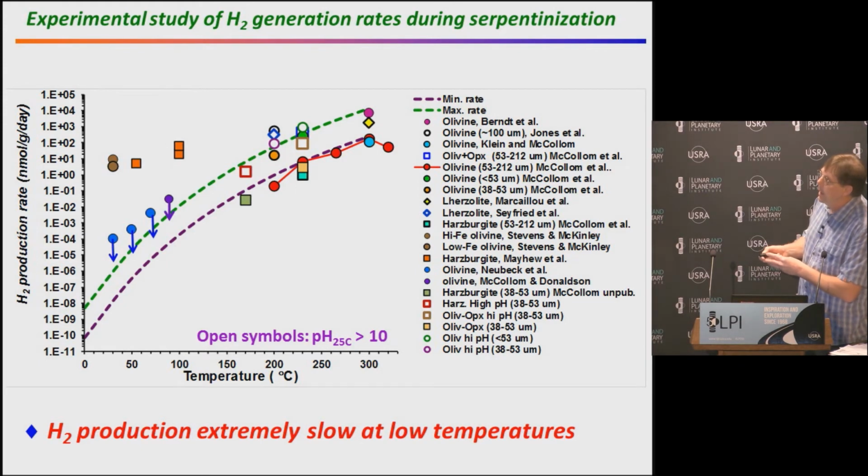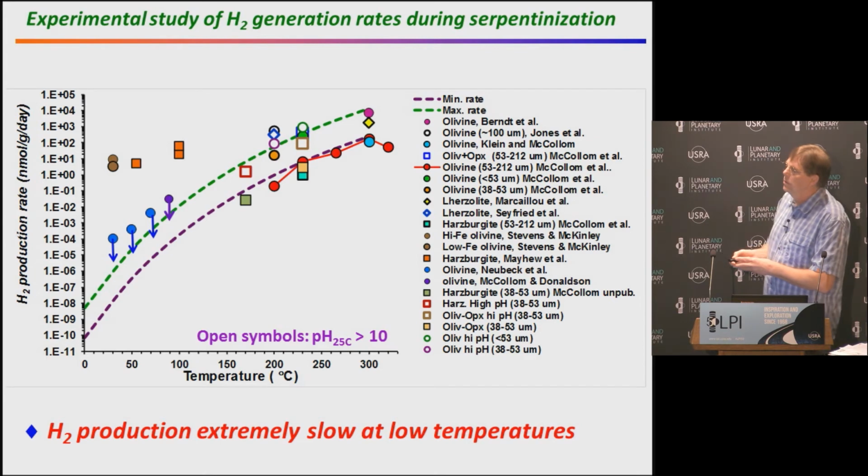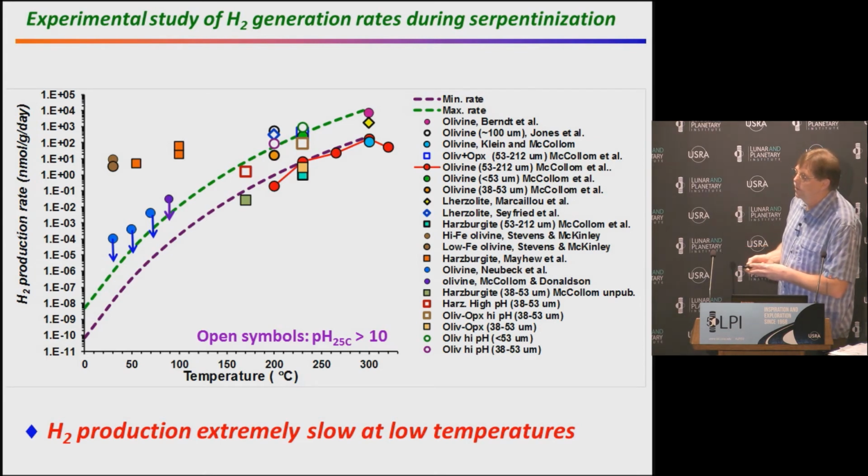So here's a bunch of laboratory experiments, mostly at high temperatures. And I've drawn a little line there to extrapolate down to lower temperature using Arrhenius kinetics. One thing I haven't mentioned before is if you go up in pH, rates of reaction go up faster. So these open symbols are experiments at high pH. And you can see that there's a really, really rapid drop-off with lower temperatures.